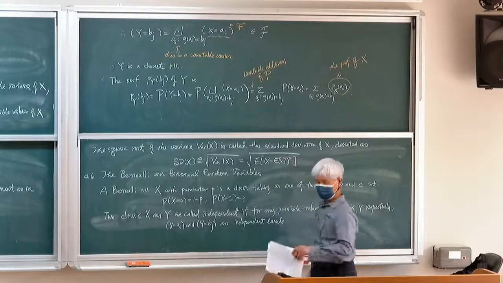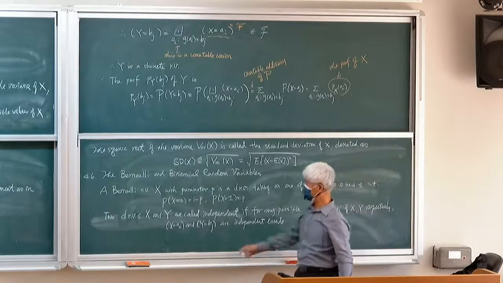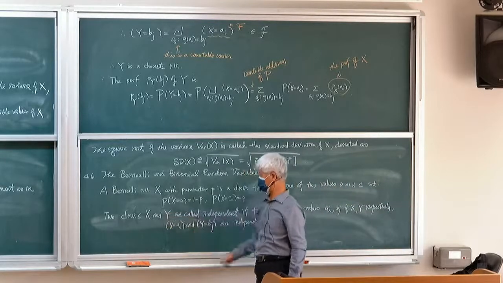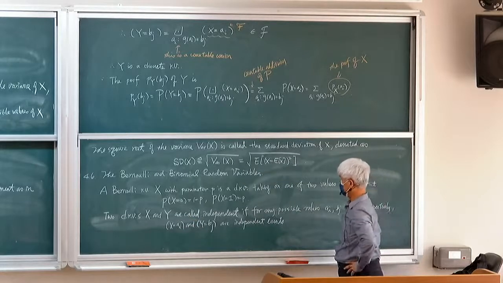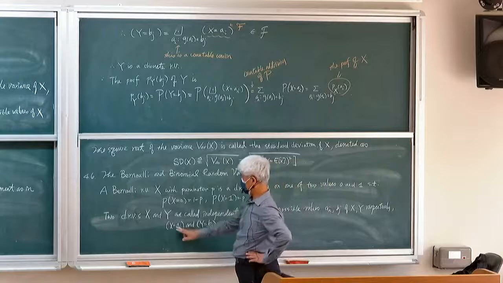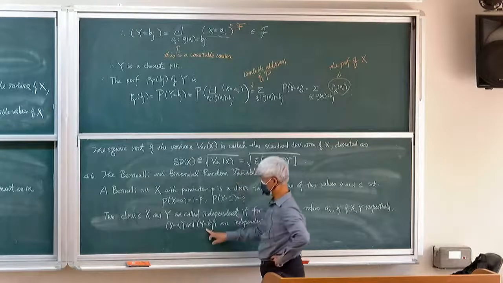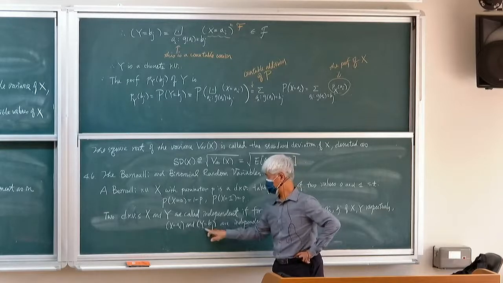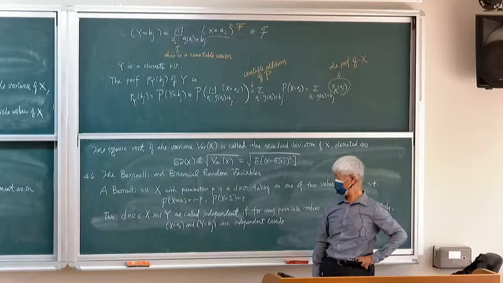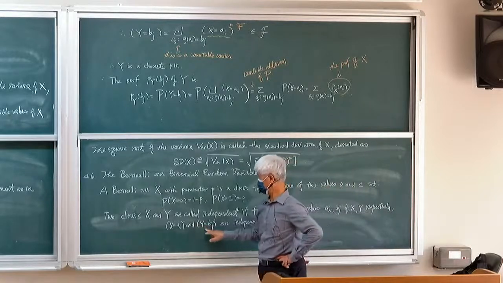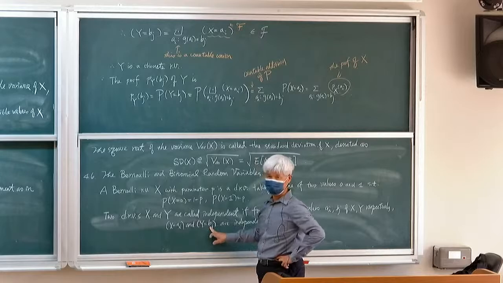The meaning of saying that two discrete random variables x and y are independent is that if we take a basic event described by x and a basic event described by y, then these two events must be statistically independent. And this is always true for arbitrary possible value ai of x and possible value bj of y.